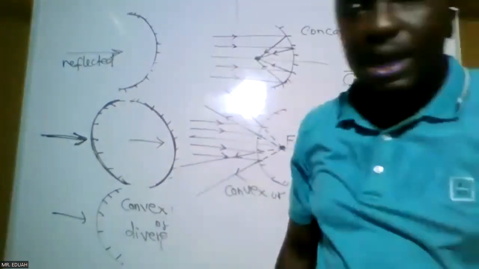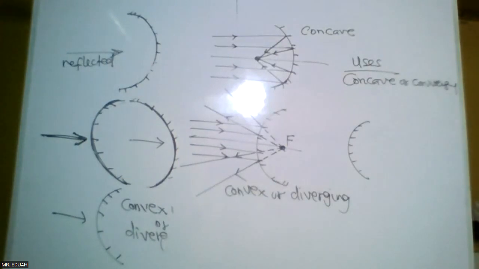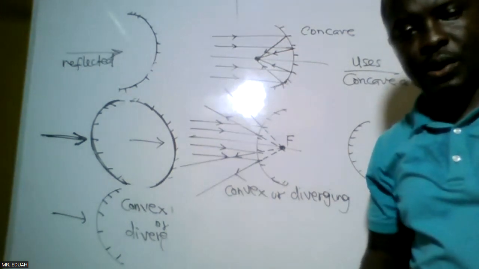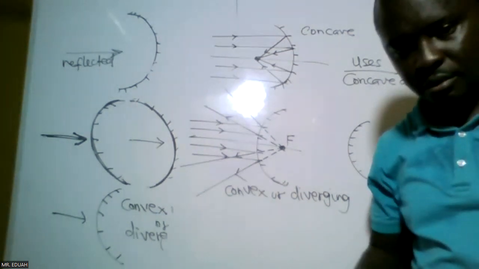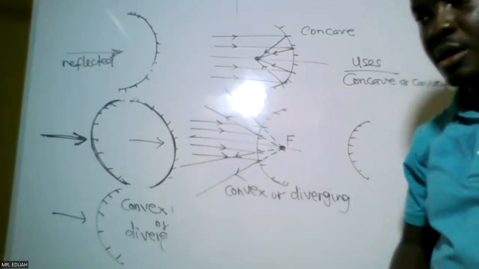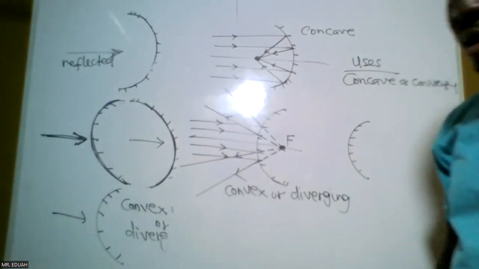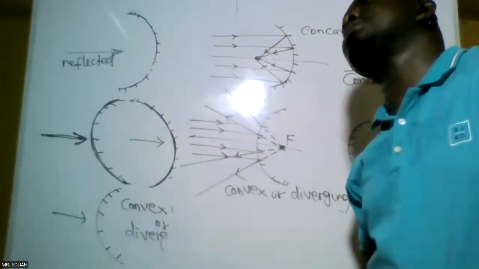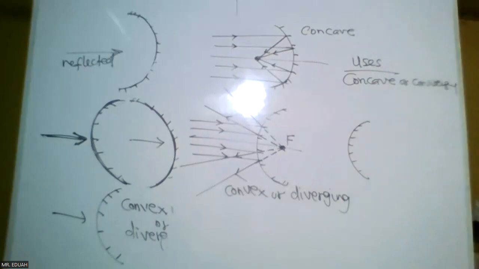Do we have any more? Mr. Asia, please, is it used in street lights? Street lights. Oh, it is the other one, the concave mirror, to reflect light from the bulb.